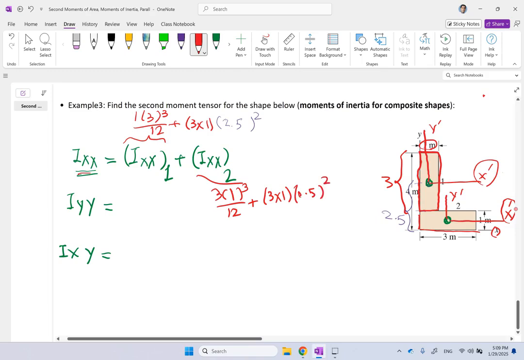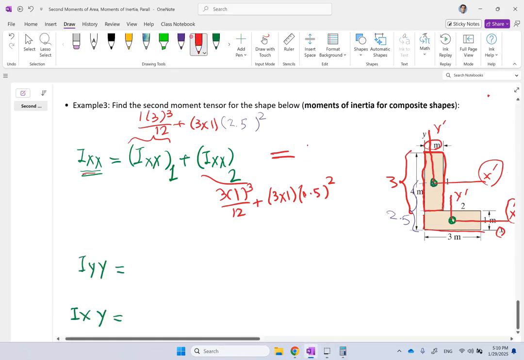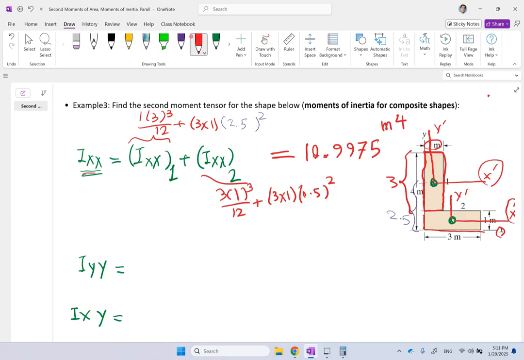So if I add all these 4 numbers together, I'm going to get my IXX. So you're going to get 10.9975. And since everything is in meters, it's going to be meter to the 4. That is your IXX.